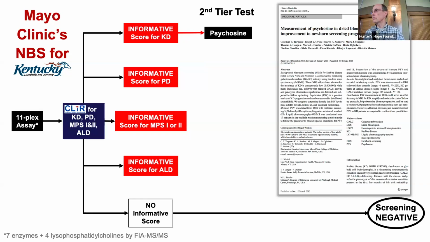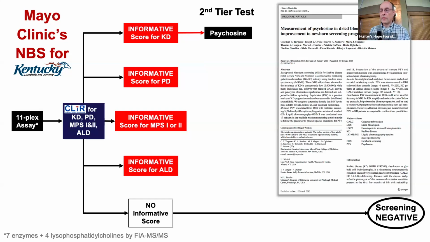Psychosine was unknown to me until I was here at a meeting about 11 or 12 years ago, and Dr. Orsini was presenting data on measurement of psychosine in blood spots of babies with Krabbe disease and showed that psychosine was elevated in those babies. At that time, we did that study that I mentioned earlier. And I asked Joe, can we send you some blood spots?